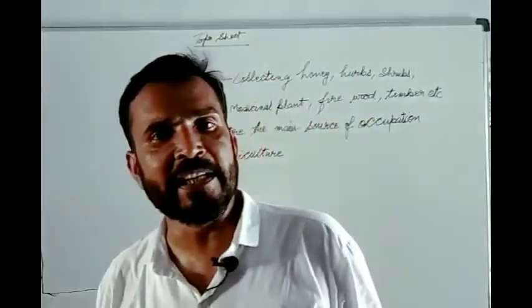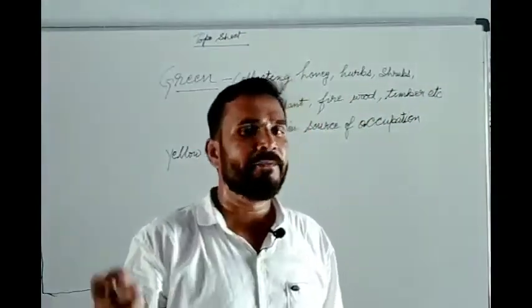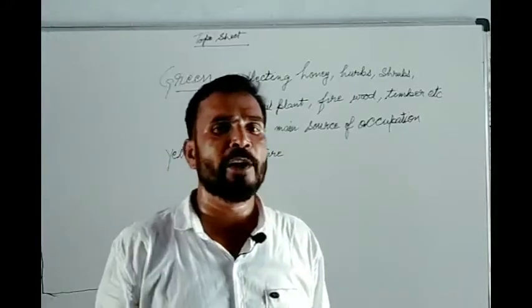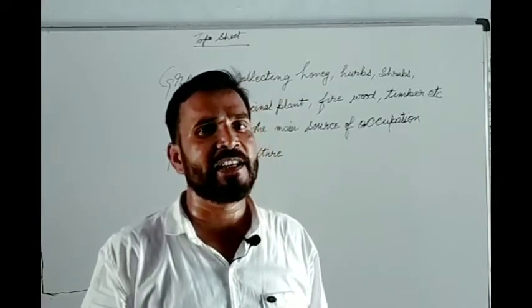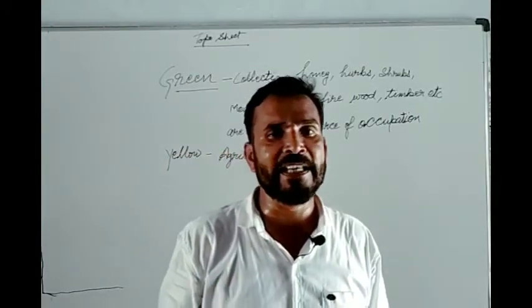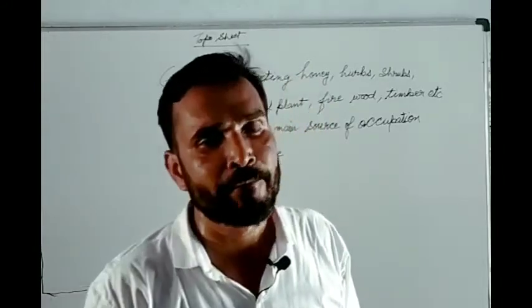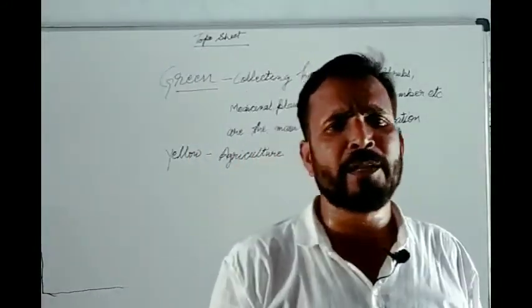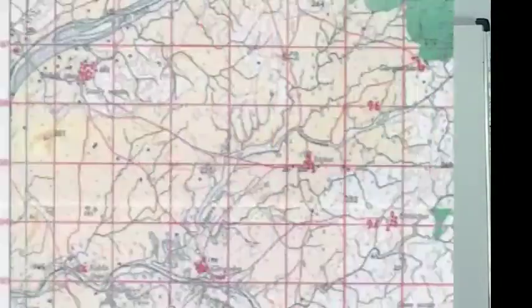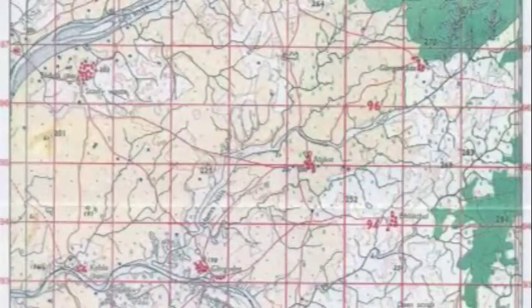So I think it will be clear that if green color is given, then you have to write forest related activities such as collecting gum, honey, herbs, shrubs, medicinal plant, firewood, furniture wood, timber, etc. And if yellow color is shown in most of the part, more than 50% of the map, then we have to write that agriculture is the main occupation.